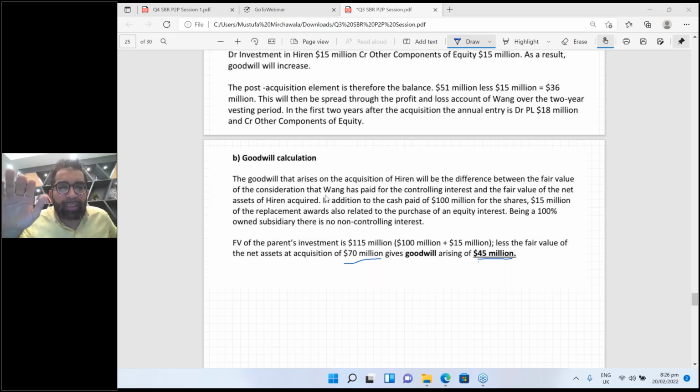Sometimes when I teach young students, I tell them the difference between share options and shares is like engagement and marriage. Share option is like engagement, and real shares are like marriage. Okay, now I hope you guys got the point.